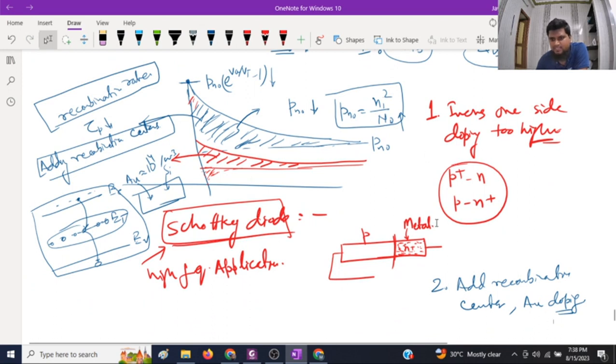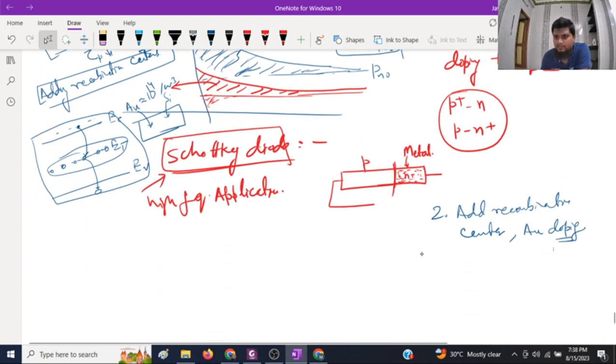Even a P plus N or N plus P junction will work, but people generally use the Schottky diode because the concept is very easy to fabricate. Just on silicon you should have a very high metal content.